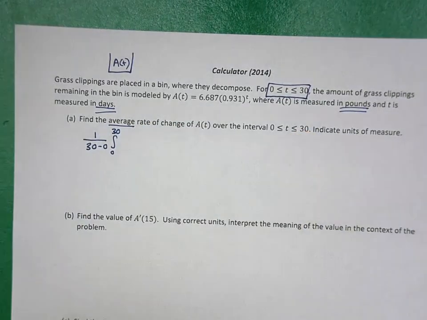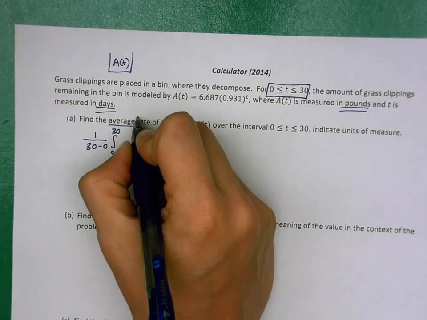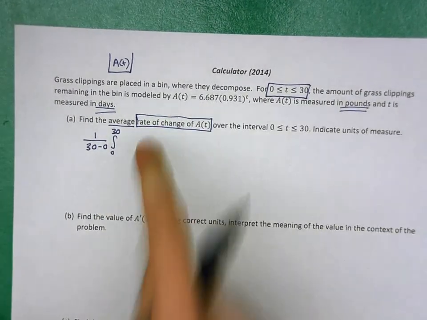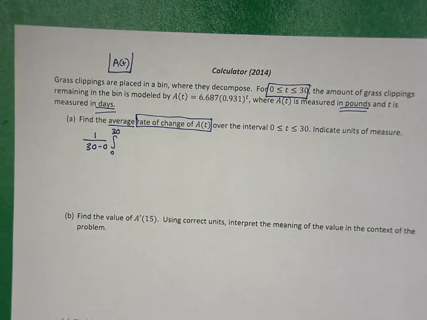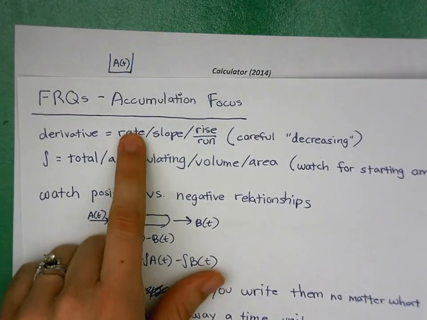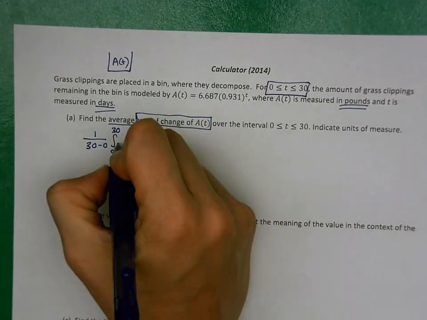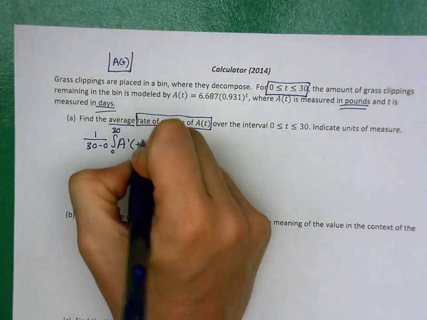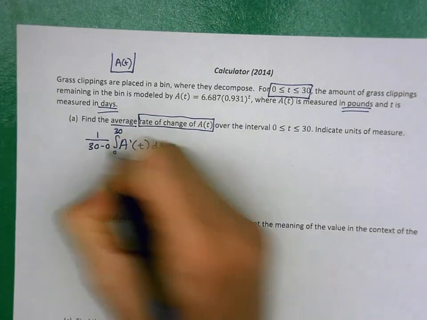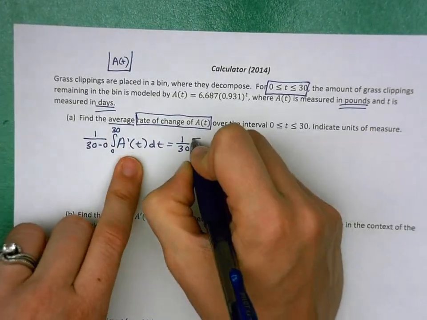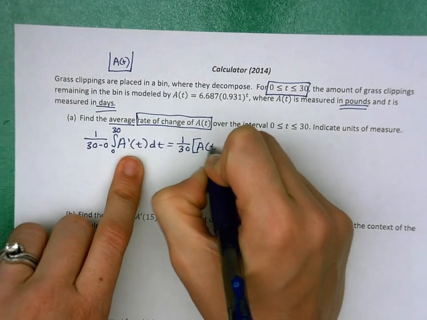There's my a and my b. And then average what? It's average rate of change of A. Well, what is a rate again? Rate is, remember, a derivative. So this is average derivative of A. Okay? And so then if we integrate that derivative, we get just A.